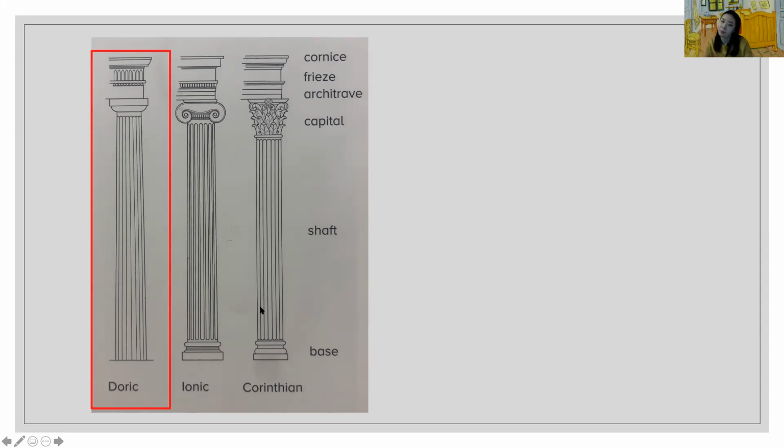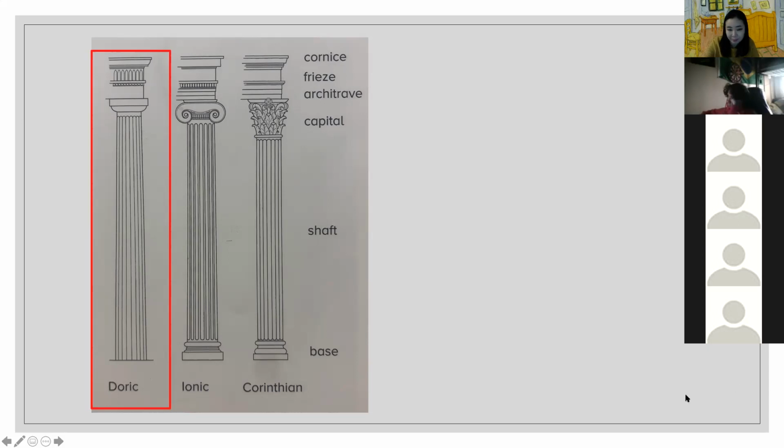So when you see this Doric style, can you find the features of the Doric style column compared to the other columns? What's the difference?